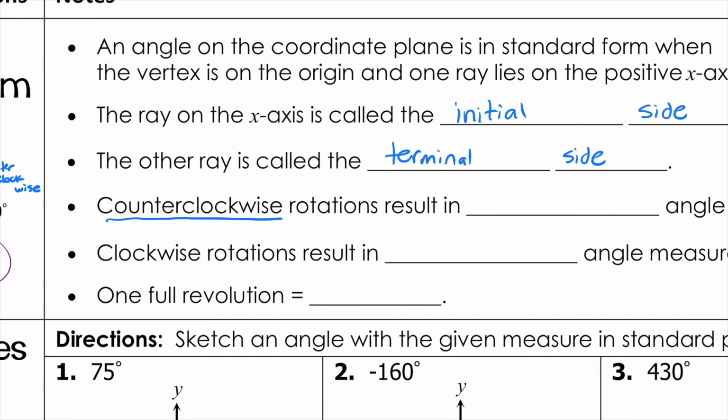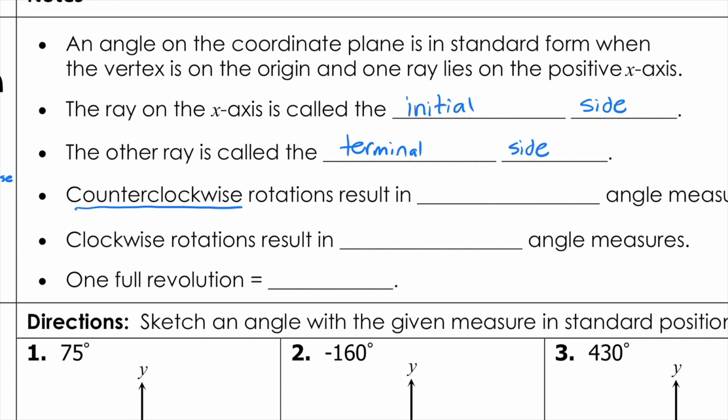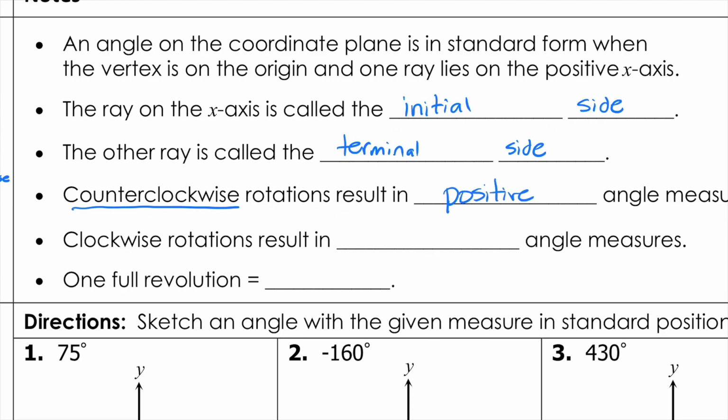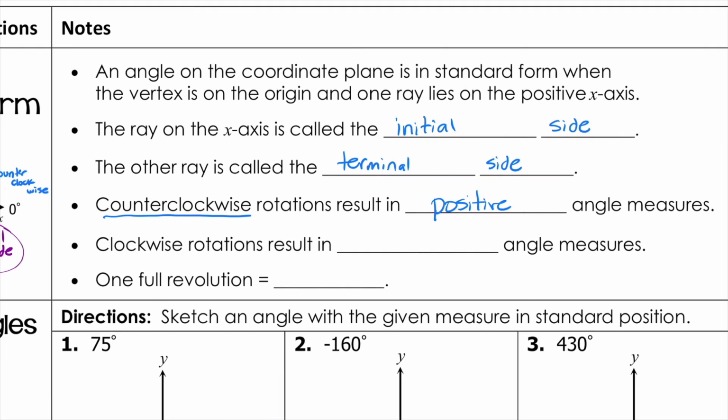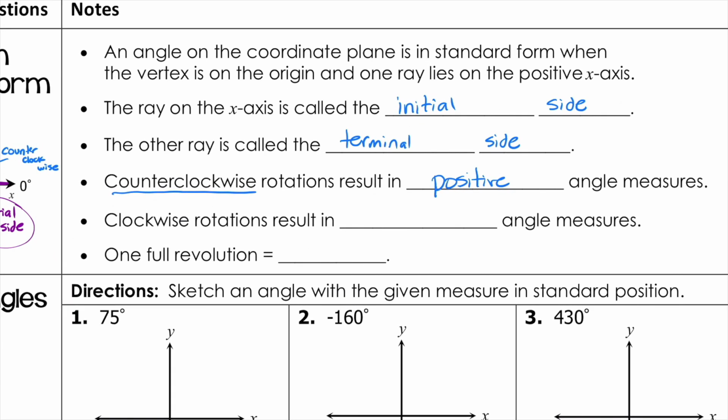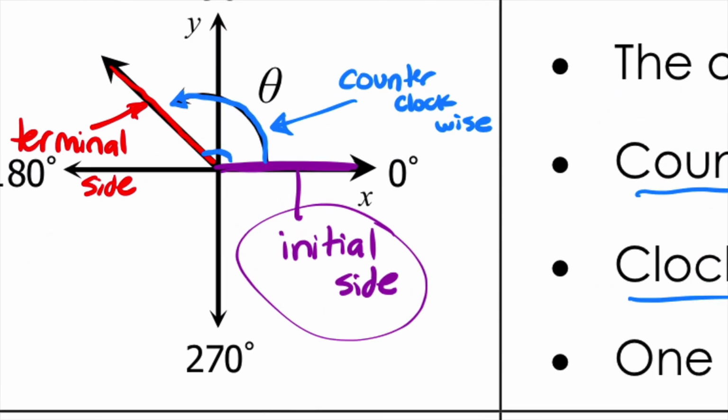A counterclockwise rotation results in positive angle measures. So now we can have angles that are positive or negative. If it goes counterclockwise, it's positive. If it goes clockwise, like if I was starting at the initial side and I went down this way, that would be a negative angle. But we're going to deal with positives for the most part.